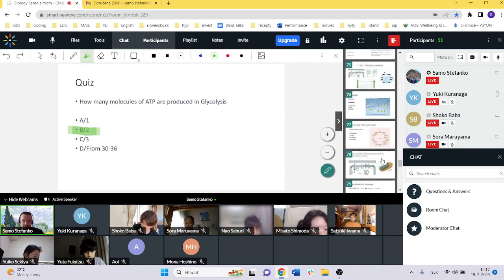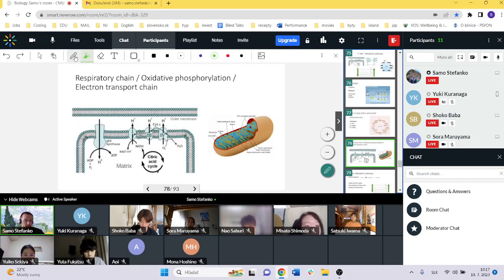The cellular respiration step which produces around 30 to 38 molecules of ATP, 38 in the best scenario, let's say, is the respiratory chain. If you remember yesterday, we highlighted that if oxygen is involved and we have ATP synthase, this step produces around 30 to 36 or 38, depends, ATPs.